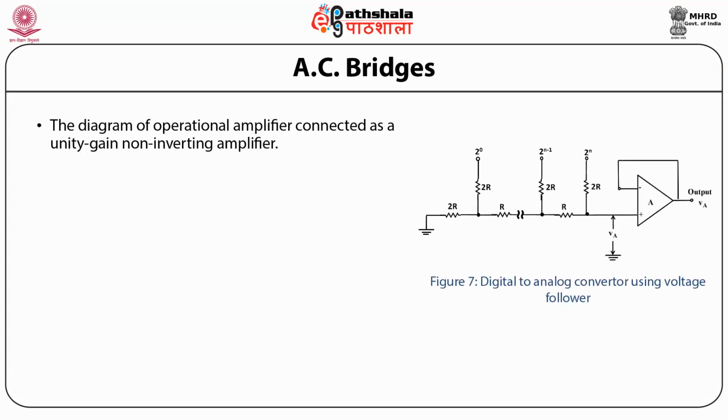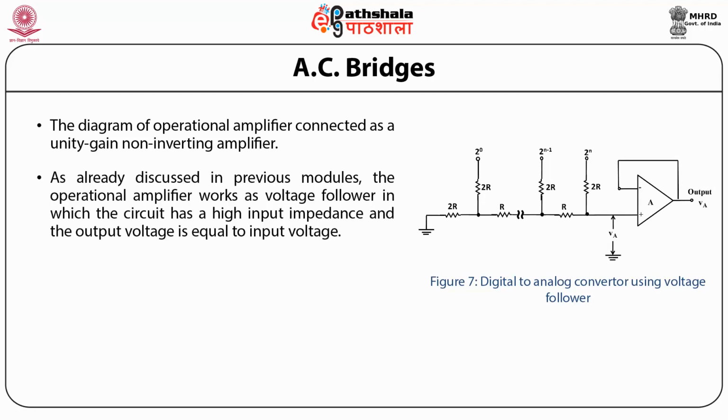The figure below shows the diagram of an operational amplifier connected as a unity gain non-inverting amplifier. As already discussed in previous modules, the operational amplifier works as a voltage follower in which the circuit has a high input impedance and the output voltage is equal to the input voltage.